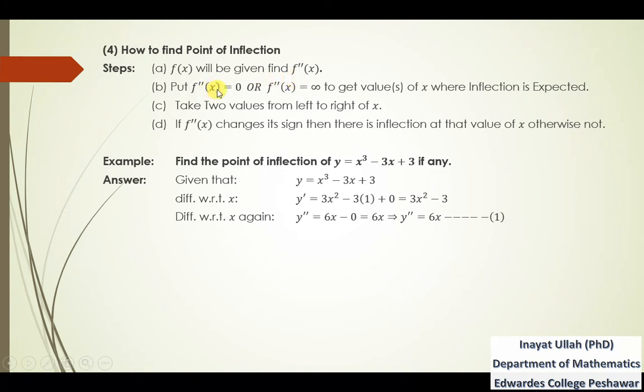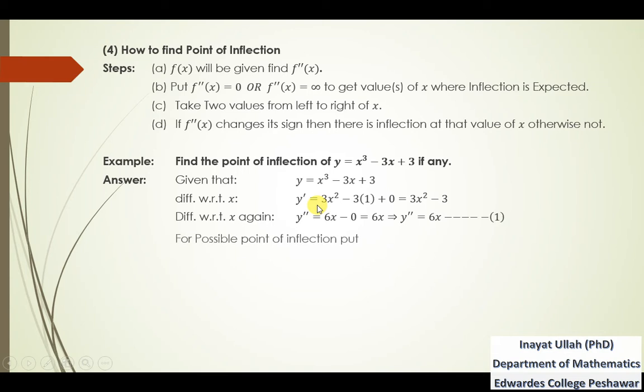Now secondly, we need to put f double prime, the second derivative, equal to 0 or infinity. We see here that this second derivative is not a rational function, it is a polynomial function. So we will only put this second derivative equal to 0.